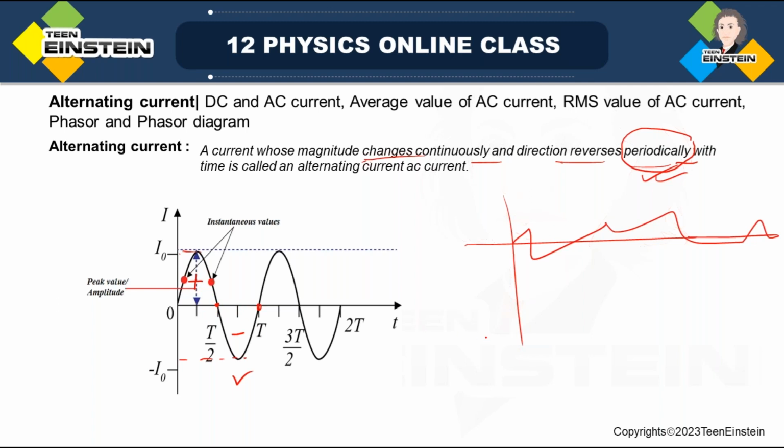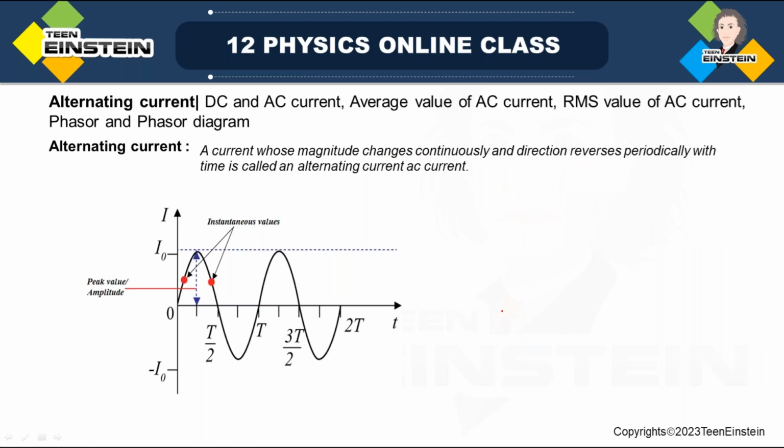So when we have an alternating current varying as sine or cosine, then we say sinusoidal signal, or sinusoidal voltage or current.